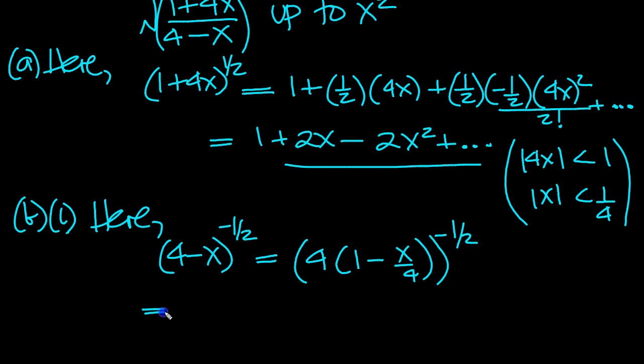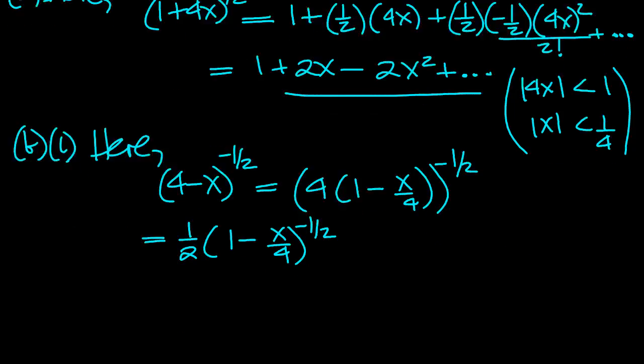Using properties of indices, that's 4 to the minus a half, which is 1 over 4 to the half, which is 1 over 2, times the (1 − x/4) to the minus a half.